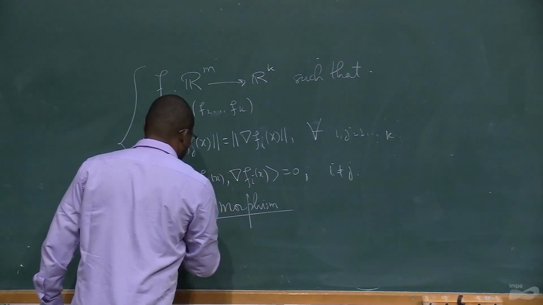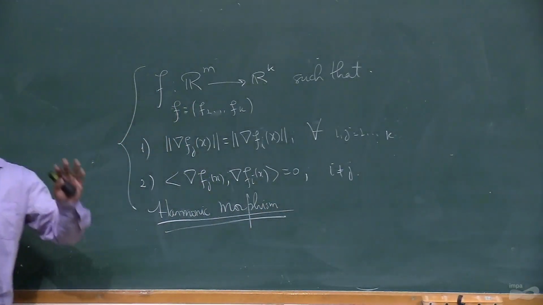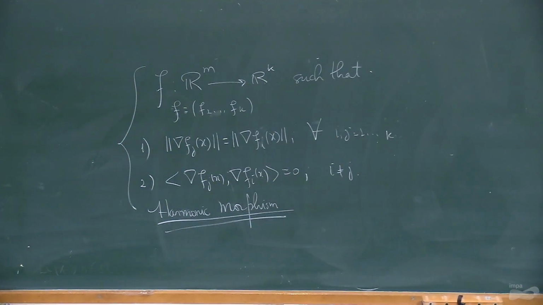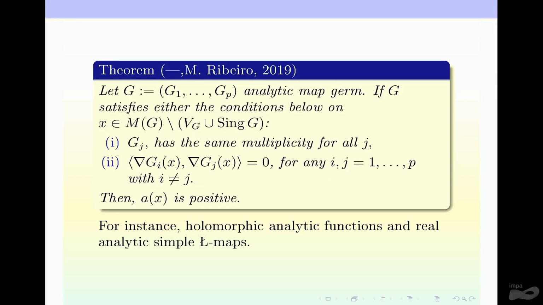Such kinds of morphisms have been studied in geometry because it's possible to get minimal subvarieties by looking at the levels of such functions. There are several studies about such kinds of morphisms. So anyway, what we are saying is that any harmonic morphism or simple L map satisfies such a condition.